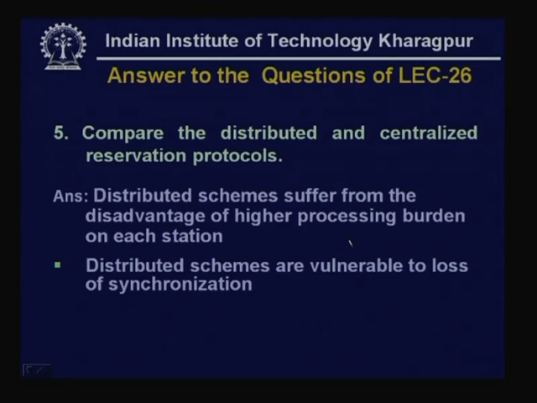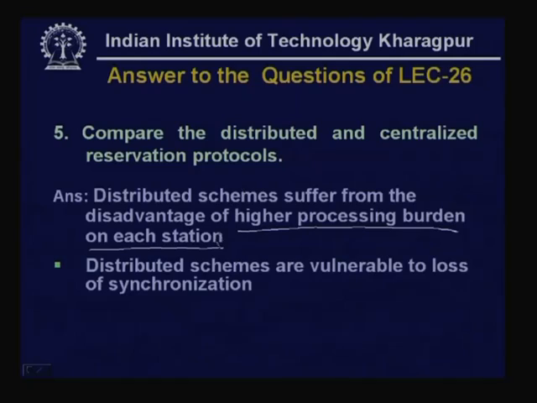The final question was, compare the distributed and centralized reservation protocols. As I have mentioned, distributed schemes suffer from the disadvantage of higher processing burden on each station. Each station has the responsibility to perform the medium access control, because it is done in a distributed manner, so the processing requirement is high on the stations.